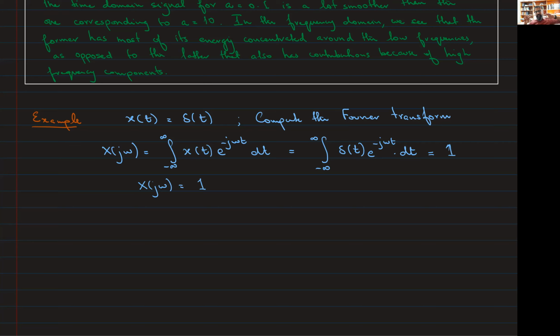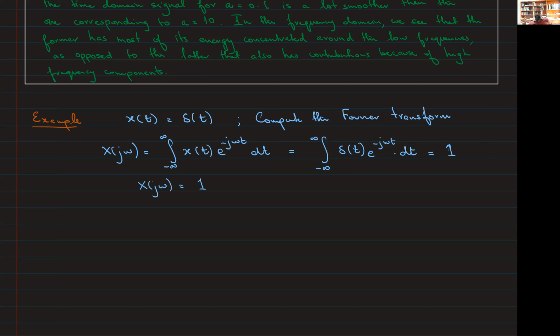If I were to say what band its frequency contribution is limited to, I'd say that it is not limited to a particular duration of frequencies. It is rather from minus infinity all the way up to plus infinity. It takes up infinitely many frequencies, a frequency duration which is infinitely long, to make up this delta signal, right?